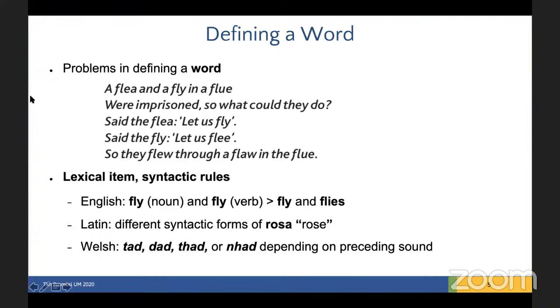But perhaps it's a bit difficult for you to process this too. That's fine, just focus on English. So there are forms which have two different syntactic roles. Sometimes fly can appear as noun, and sometimes fly can appear as verb.